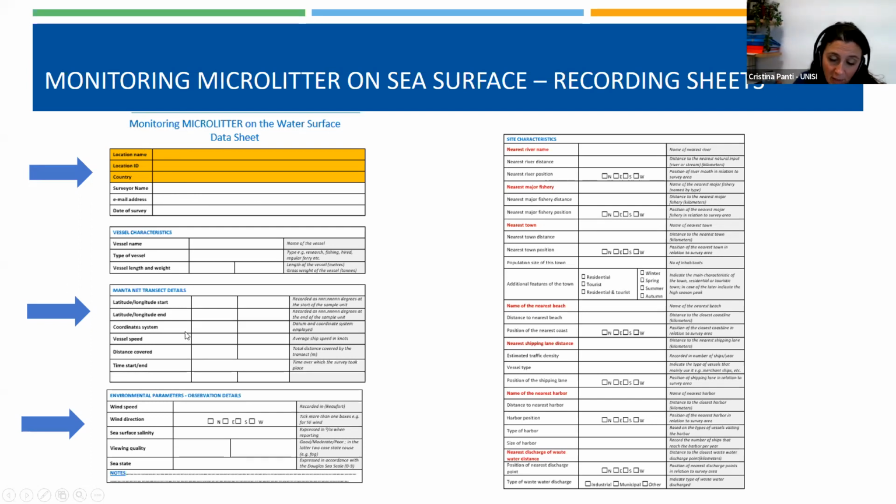And one very crucial thing is to write down the coordinates of the start and the end of your survey, the coordinate system, the vessel speed, and the time of the start and end of your survey.